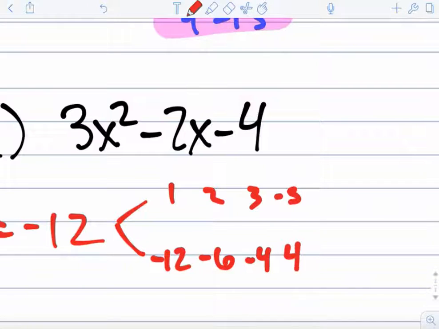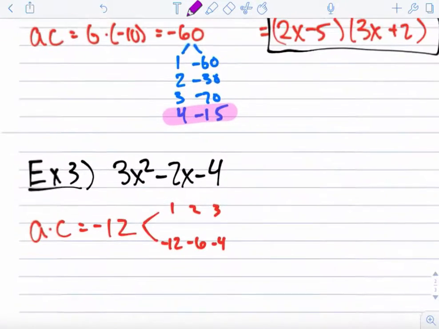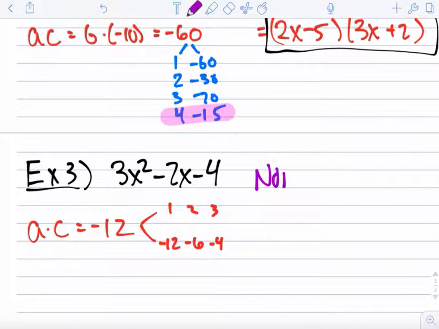Negative 3, positive 4. Well, and I could just keep going, right? And then I could switch the negatives to the other side. But these are all what I want, and there aren't any that work, and so I say that's non-factorable over the integers.